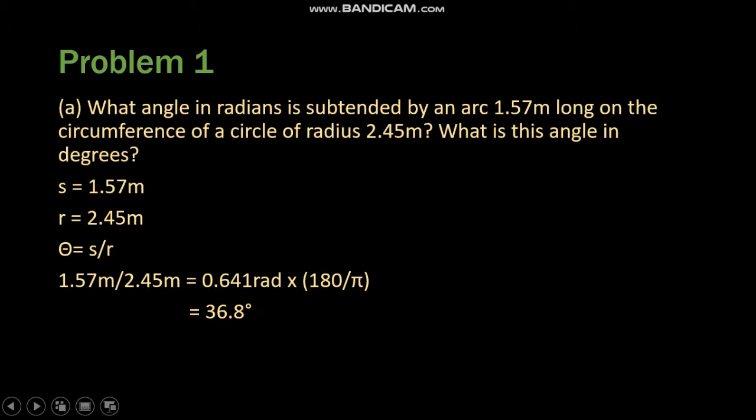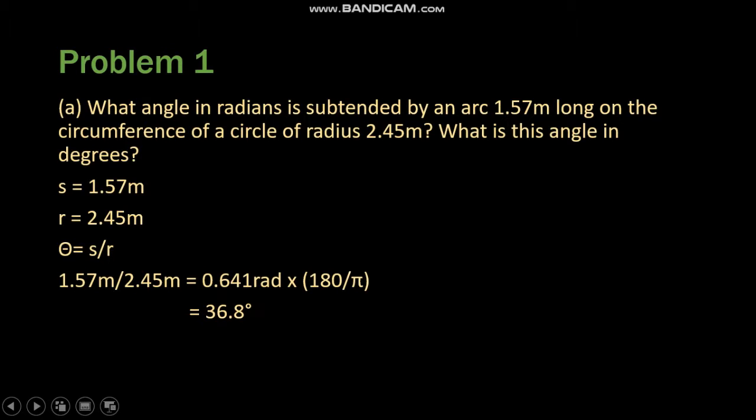We know that one radian is equal to 180 over pi degrees, so we will use 180 over pi to convert 0.641 radians. Using this, we will get 36.8 degrees. So that's how you get the angle theta using this formula.